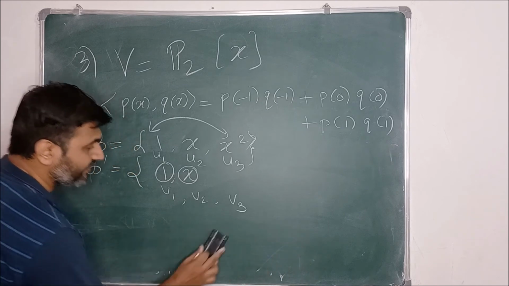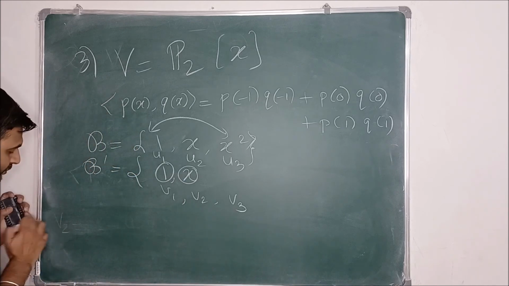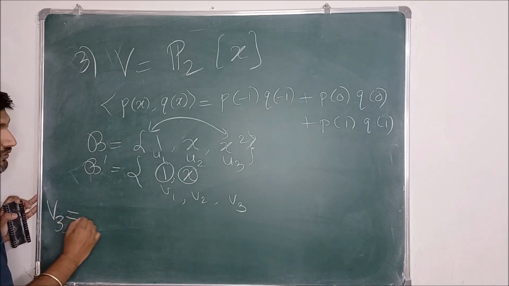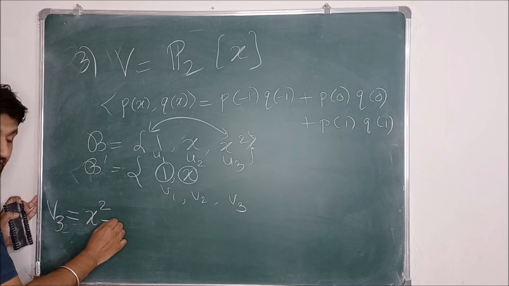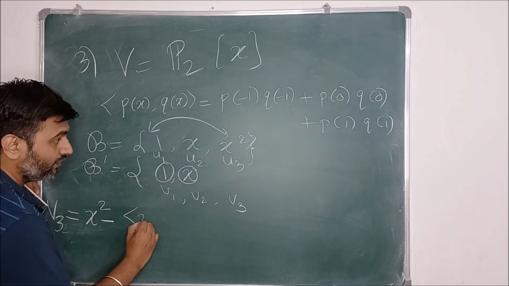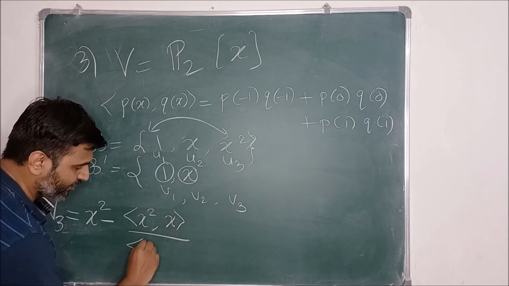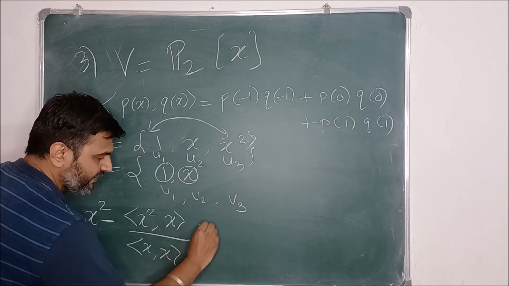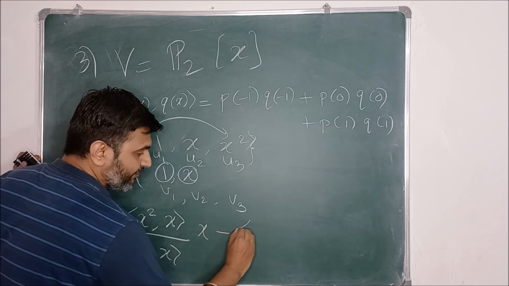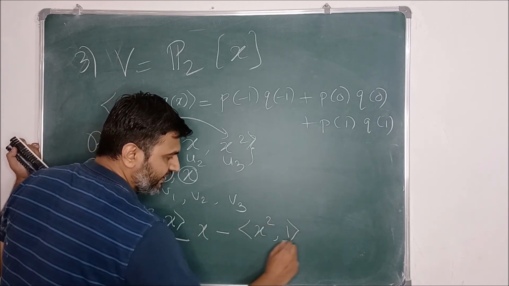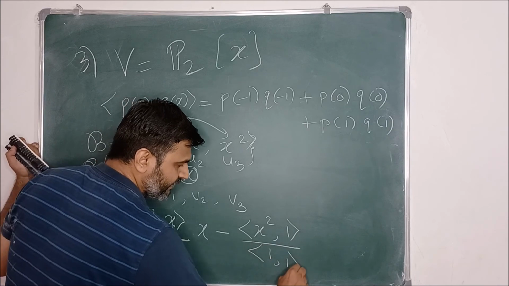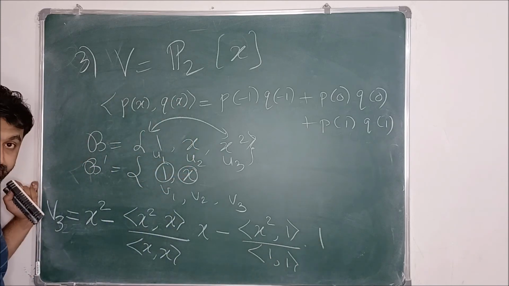Now I want to find V3. So what will be my V3? It will be U3 minus inner product of U3 with V2 upon inner product of V2 with V2 into V2, minus inner product of U3 with V1 upon inner product of V1 with V1 into V1.